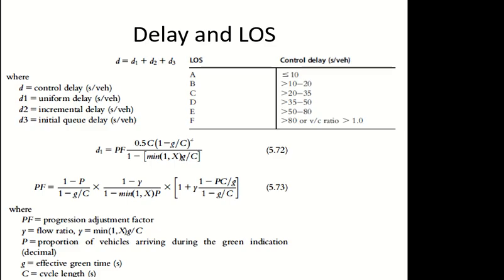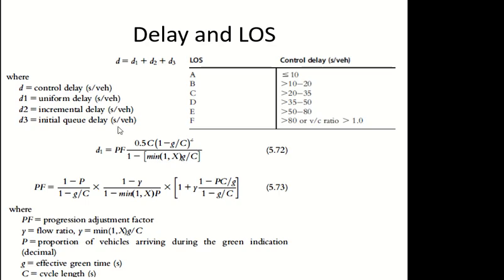So what is D2 and D3? When the queue is very long at the signal, every additional vehicle in the queue causes a disproportionate amount of delay. So for example, the control delay is 2 seconds per vehicle. But when the queue is very long, if you add 1 vehicle in the queue, the delay will not increase by 2 seconds. It will increase by something more than 2 seconds.